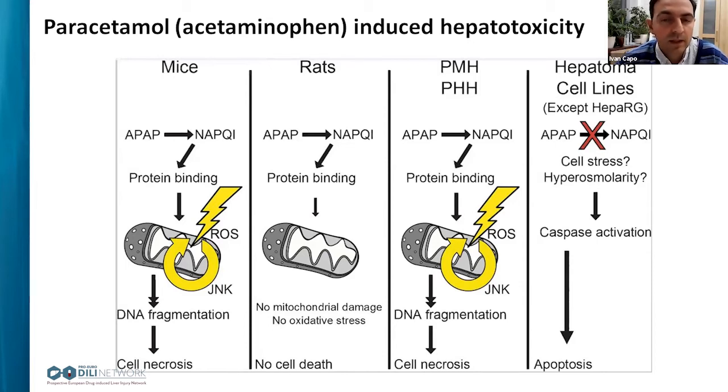So the pathomechanism here is not the same, and we need to know it because the interpretation of the results can actually be different if we make some correlation with humans, for example, in the future.